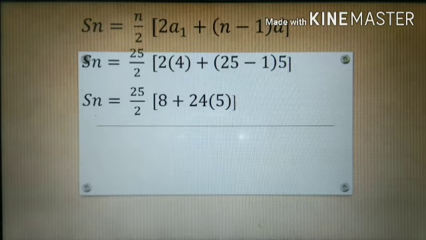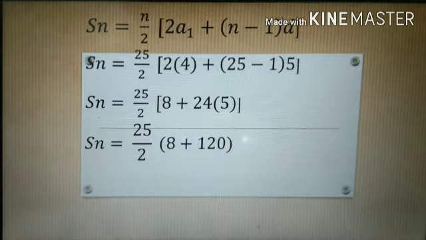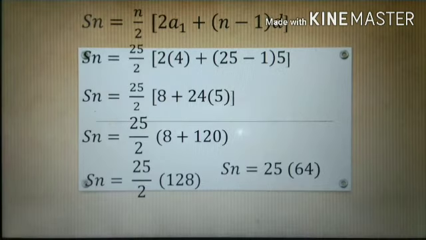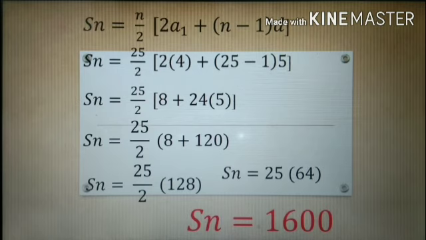So, 25 over 2 times the quantity of 8 plus 120 is equal to 25 over 2 times 128, or equivalent to 25 times 64, and 25 times 64 is equal to 1,600. Therefore, the sum of the first 25 terms of the arithmetic sequence 4, 9, 14, 19, 24, and so on is equal to 1,600.